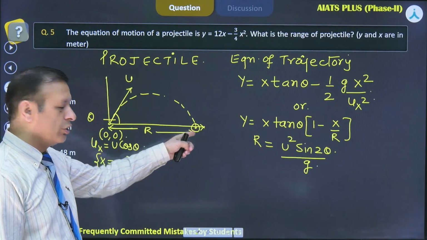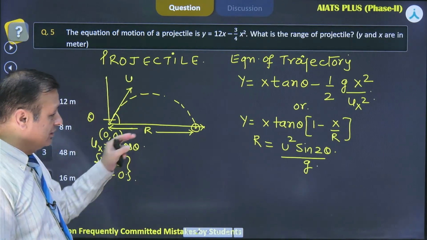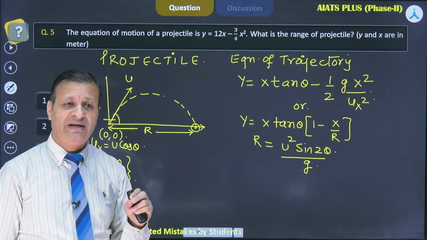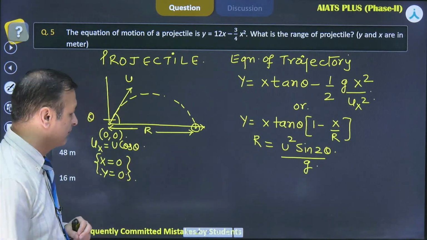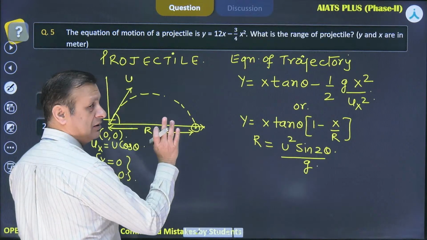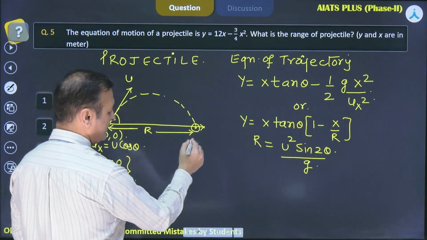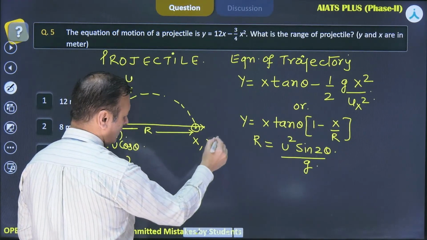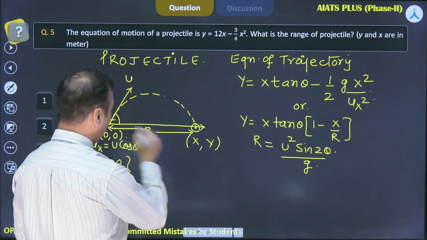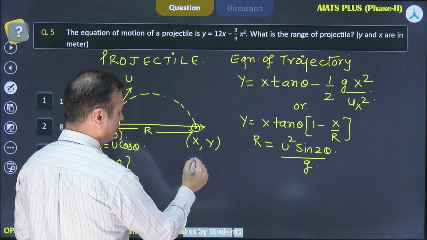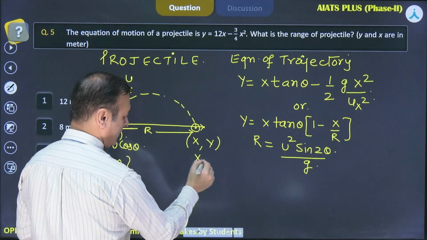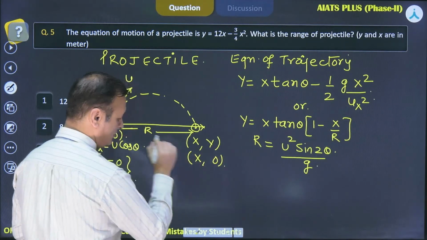Now look at the coordinates of the point where the projectile is actually landing. It has an x coordinate and a y coordinate, but because this is on the x-axis itself, its y coordinate is 0.